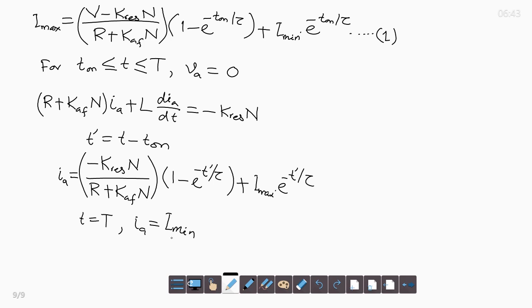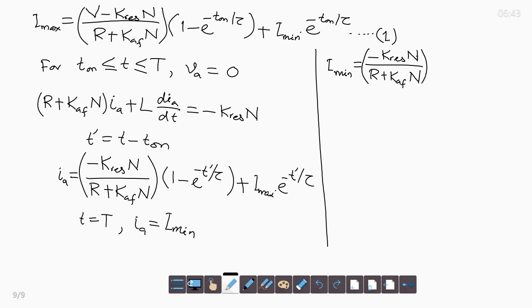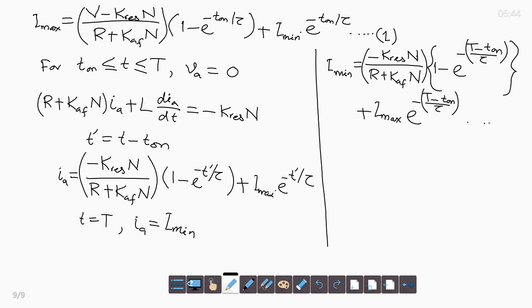So, with that substitution you can write I minimum equals minus K residual into N divided by R plus K A F into N, into 1 minus e to the power minus t minus t on by tau, you see t dash by tau is like this, let us put it in a curly bracket, plus I maximum into e to the power minus t on by tau. Let us number this as equation 2.